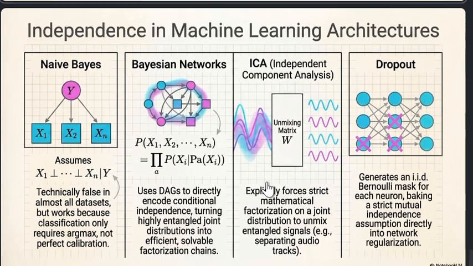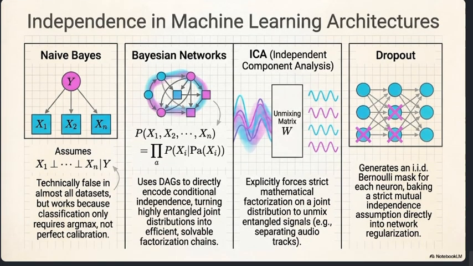Now, why are we studying this? What is the need of this independence topic in our machine learning architecture? This independence assumption appears throughout our machine learning process. Naive Bayes assumes that features are conditionally independent. Bayesian networks explicitly model conditional independence.